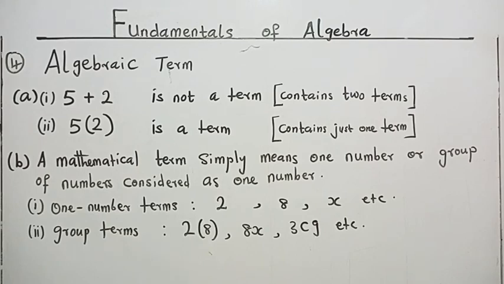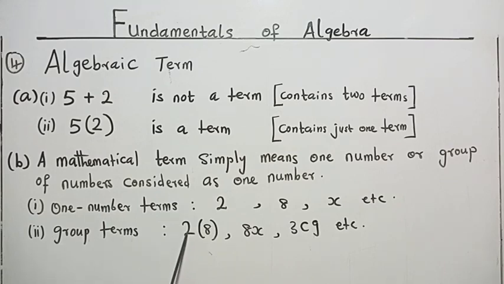And here comes the second category of number expressions which we consider as terms. They are group terms. Remember that a term is either one number as expressed in this line or a group of numbers, which we now want to consider. So this second group is called group terms.